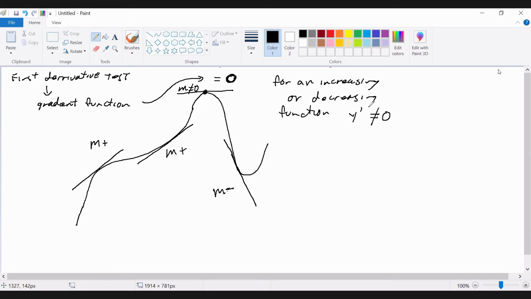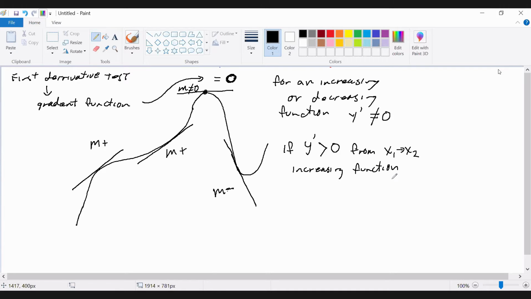So what you need to do is, if y prime is greater than 0, meaning it's positive for values of x from x1 to x2, then you have an increasing function.